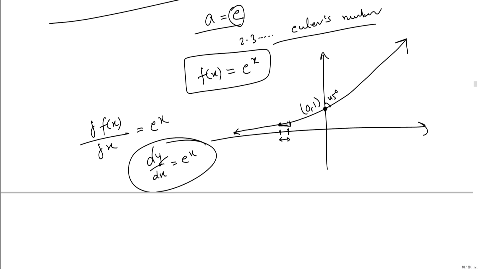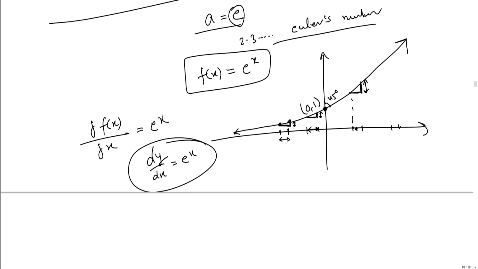From this point to this point, y has changed only very slightly, this much. If you take this unit of x here, y changes by a slightly larger amount. But if you take 1 unit of x here, the change in y is even larger, right.